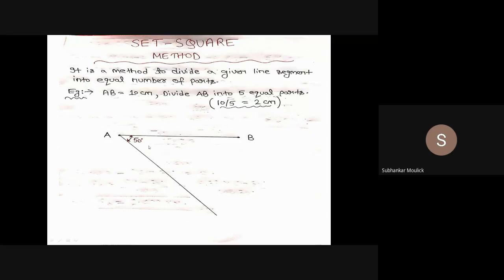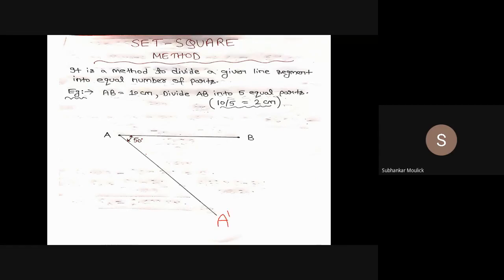Again, I am repeating, from the starting point in this given line AB, the starting point is A. From that point, with the help of protractor, you have to draw an acute angle infinitely long straight line. Say this point is A dash.